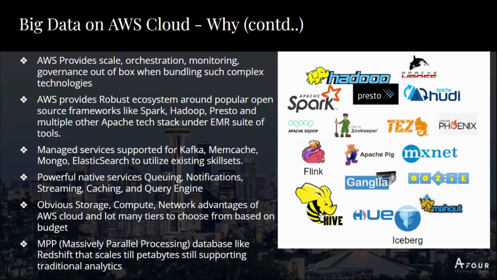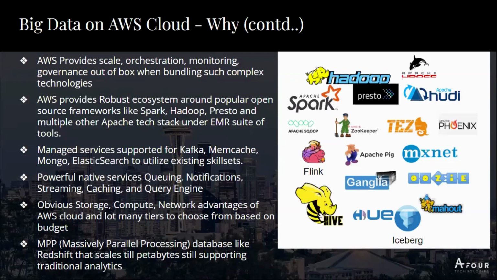There are managed services for NoSQL and then Memcache and related things. Then there are services for streaming, caching, and querying. So all of this essentially helps us to build faster, more reliable applications on the AWS Cloud with these big data pipelines, right?